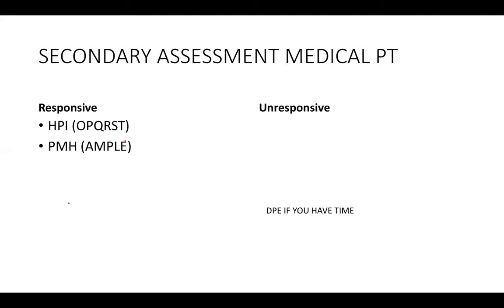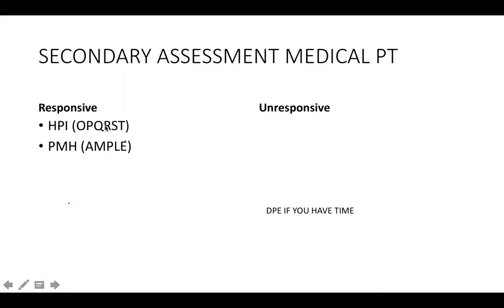Then after I investigate the history of present illness, it's time for me to identify the past. What are the important things that happened in the past medical history? I'm going to use the acronym SAMPLE. HM1, on your slide right now it just says SAMPLE. The reason is that the signs and symptoms were already verified using your OPQRST.